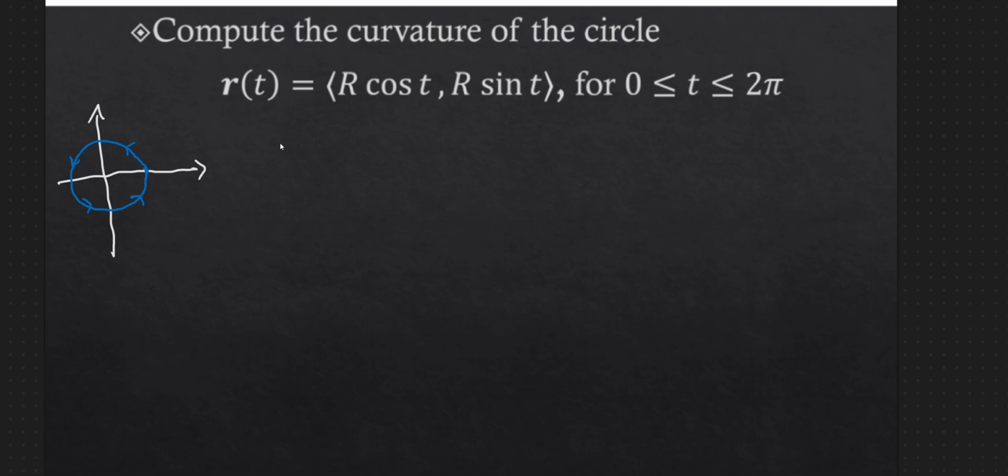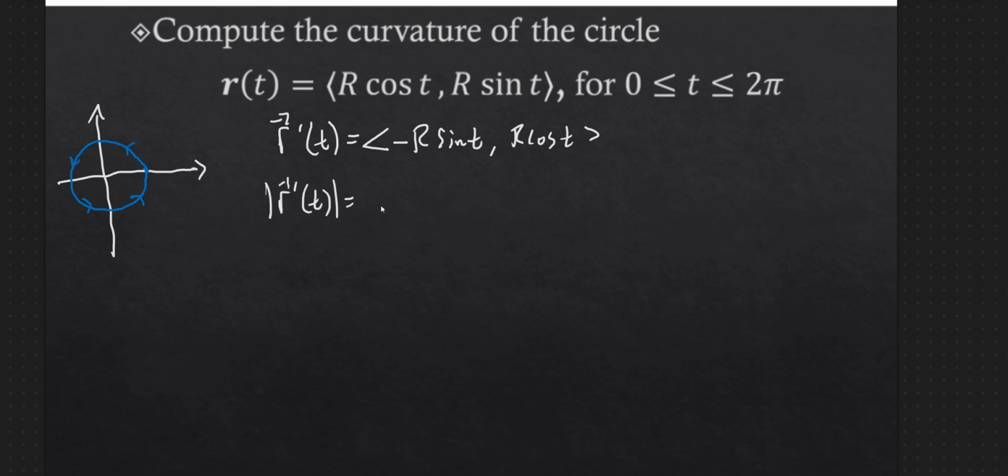So again, I'm going to follow the same steps I did with the last one. I'm going to first compute r prime of t, because I know I'm going to use that. This is a derivative we've done before. It's minus r sine t, r cosine t. I can compute the magnitude of r prime of t, so that's what? Square root of r squared sine squared t plus r squared cosine squared t.